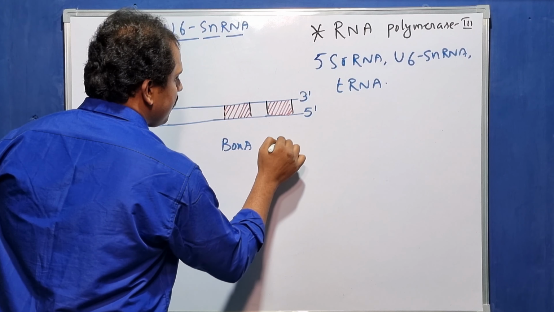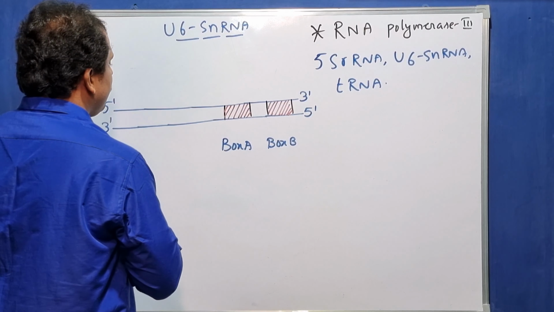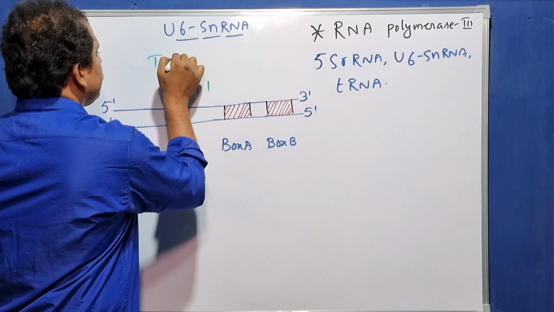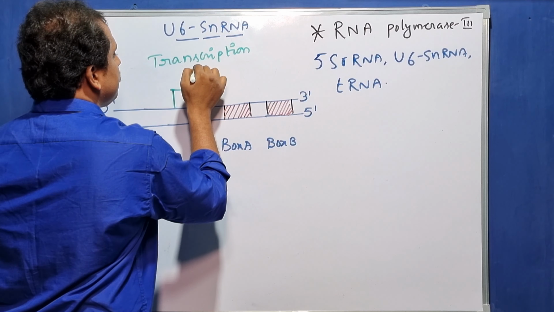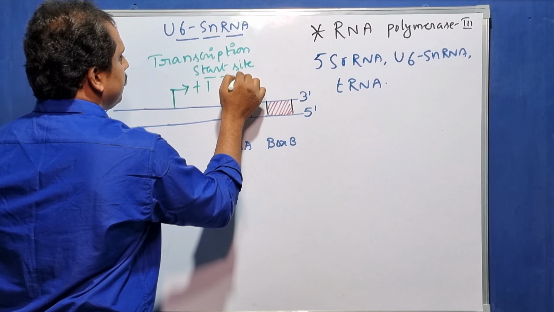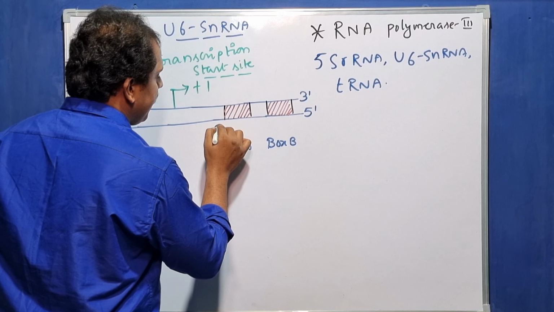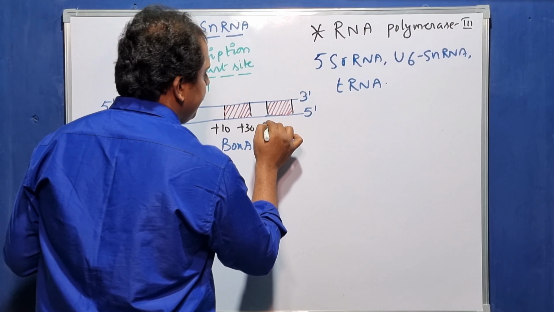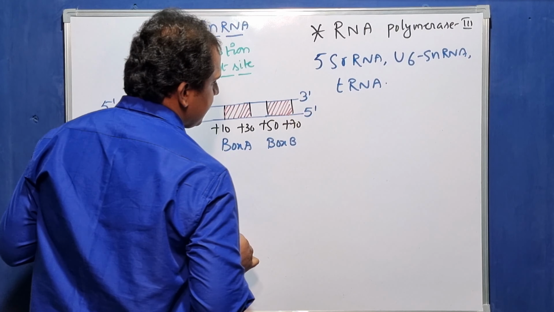Box A and box B are located around +10 and +30 nucleotides, and +50 and +70 nucleotides far away from the transcription start site.